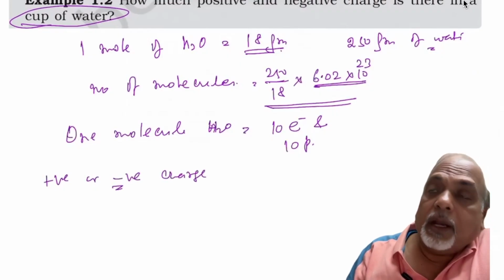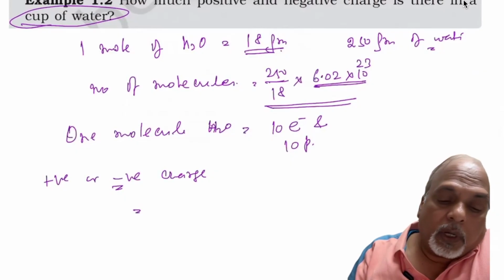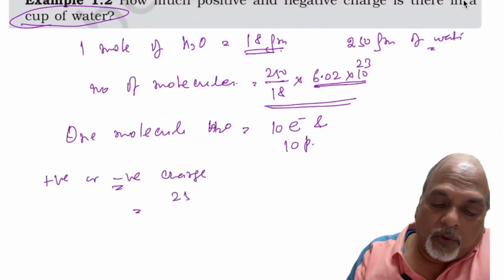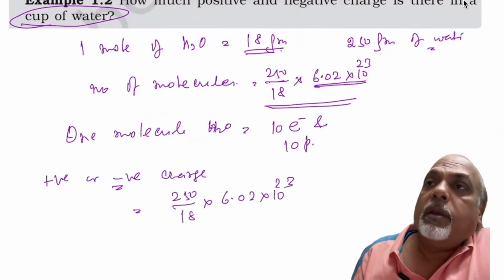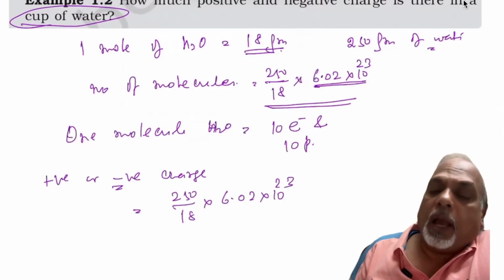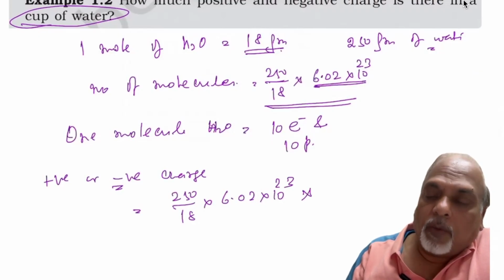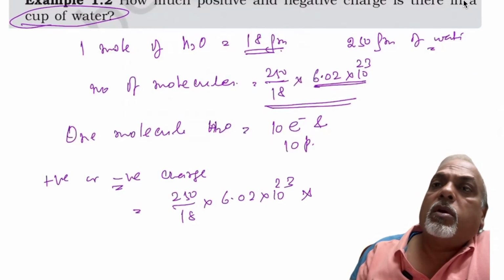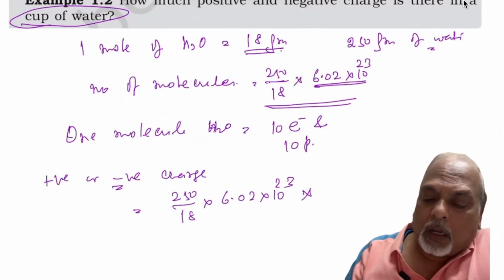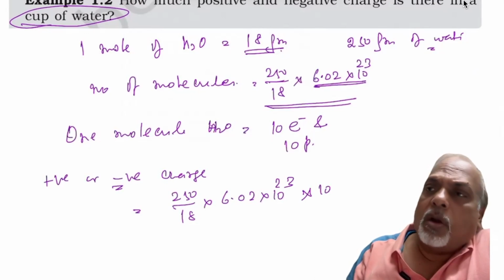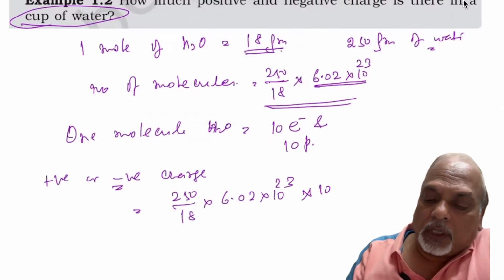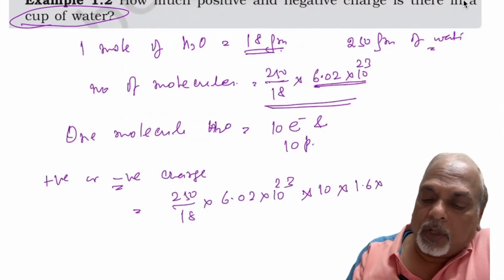Positive or negative charge in a cup. The number of molecules is 250 upon 18 into 6.02 into 10 raised to 23. And in one molecule, it is the number of molecules into 10 electrons or protons. And what is the charge on one electron or proton? That is 1.6 into 10 raised to minus 19.